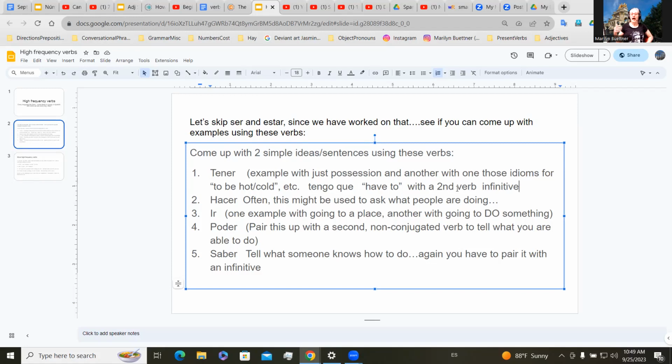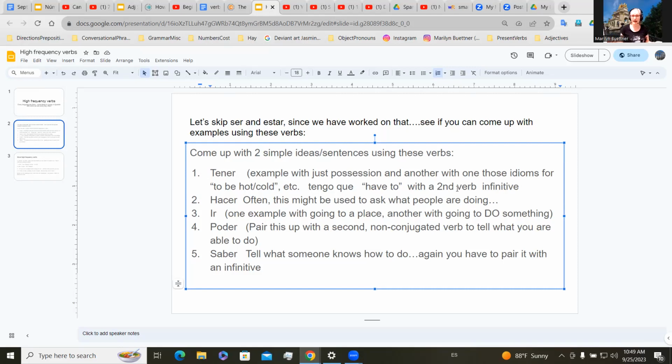Tengo que hablar con mi colega. I have to talk with my coworker. Tengo que hablar con mi colega. Tengo que cocinar para la familia. Tengo que cocinar. I have to cook. ¿Sí? Bien, sí.